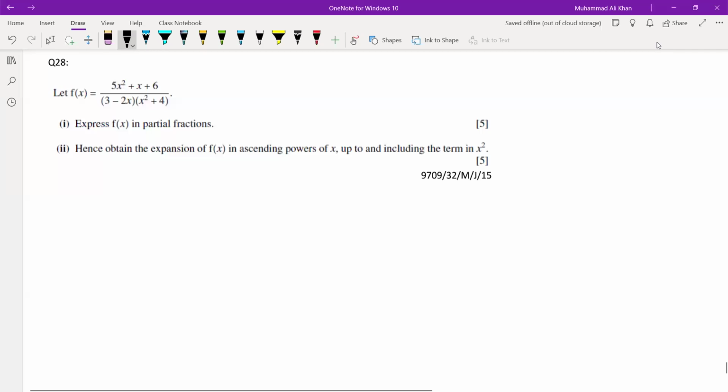Question number 28 of May/June 15, paper 3-2. What is the degree of the numerator?